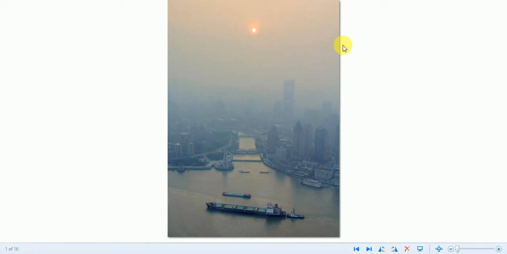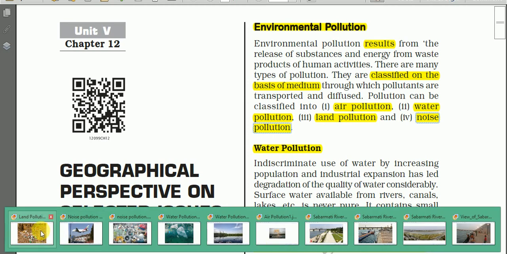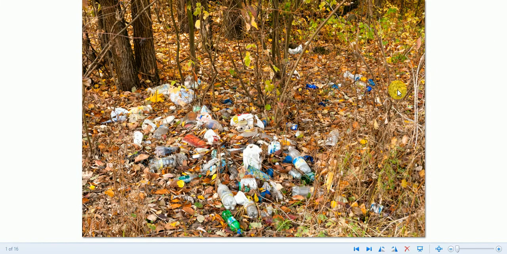This is a scene of air pollution. Then this is a scene of land pollution. You may be seeing non-biodegradable substances, okay, plastic bottles, plastic and other things on the land, thus polluting the soil.